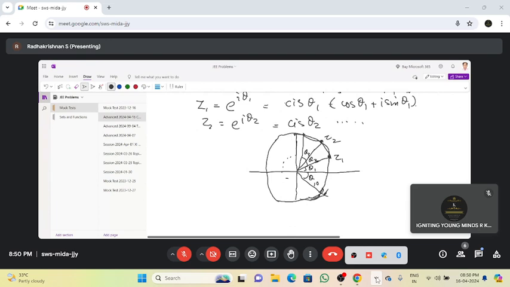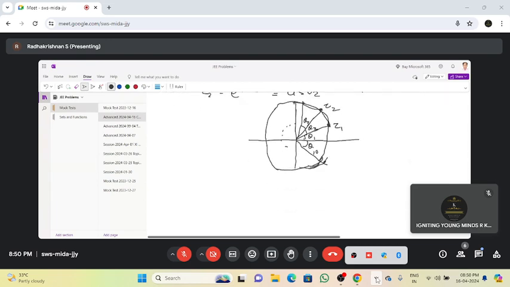So I will write it down. Z2 plus Z1 into Z2 minus Z1.